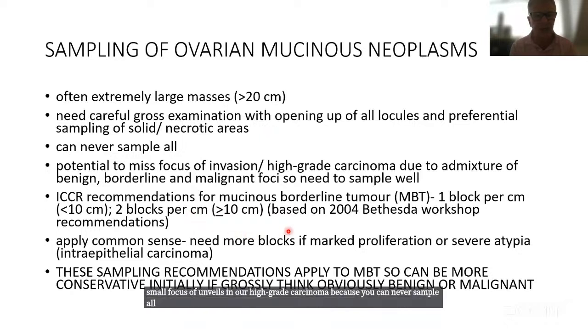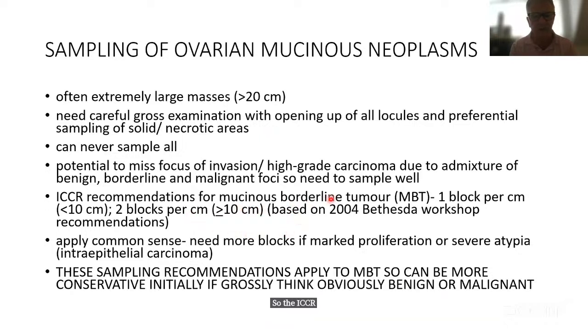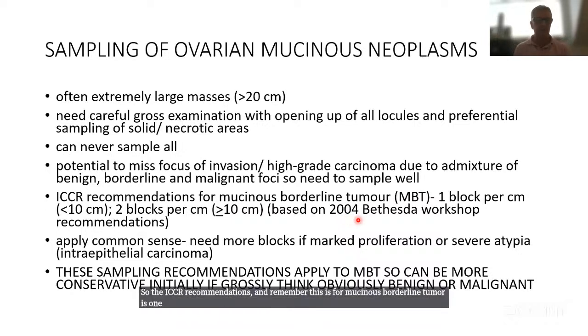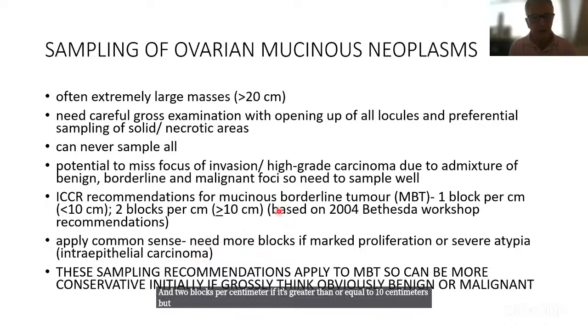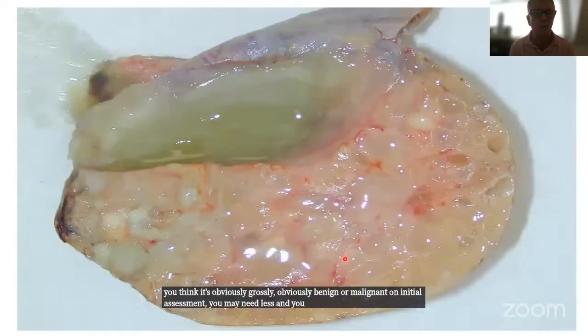So the ICCR recommendations, and remember this is for mucinous borderline tumor, is 1 block per centimeter if it's less than 10 centimeters, and 2 blocks per centimeter if it's greater than or equal to 10 centimeters. But remember, this is for mucinous borderline tumors. If you think it's grossly obviously benign or malignant on initial assessment, you may need less, and you can always go back.